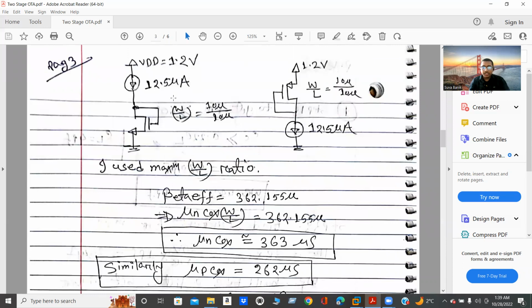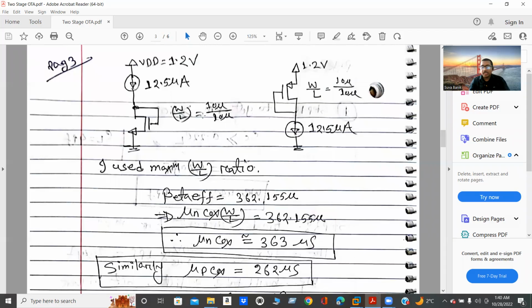In this case, I should select the maximum W and L. For a good design, it is better to take this W by L aspect ratio as 1. For the 45 nanometer bulk CMOS process, the maximum width and length is 10 micrometer.